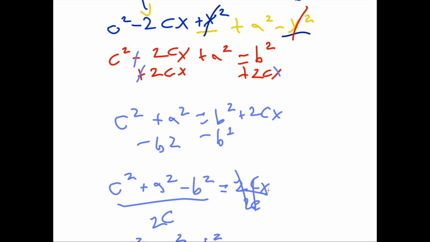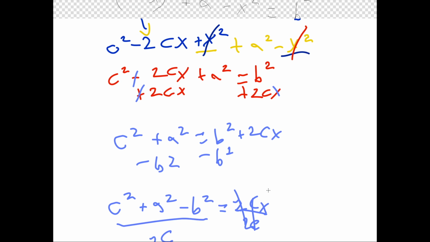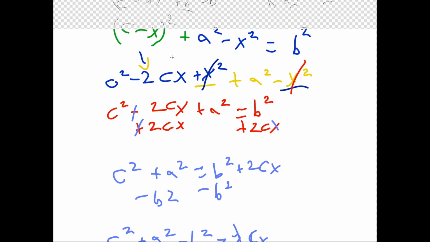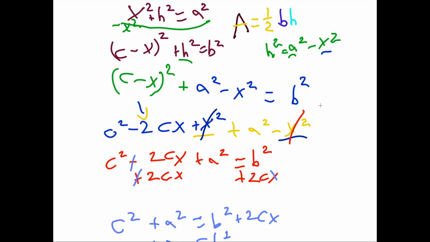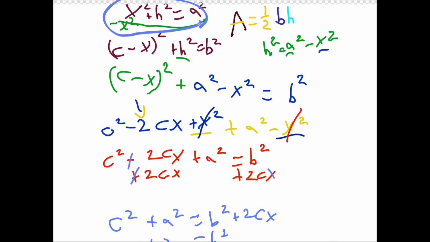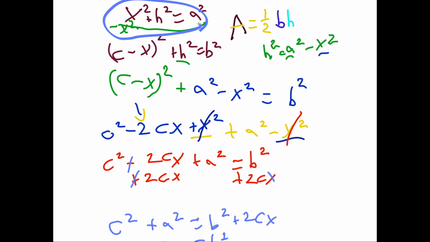Now what we're going to do is put x into this first formula. We know what x is, so we're going to put that in for x to solve for h. Actually, we should put it in the formula that's already solving for h.